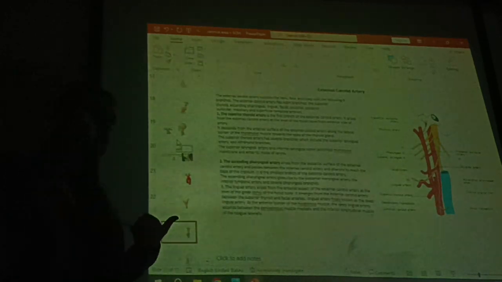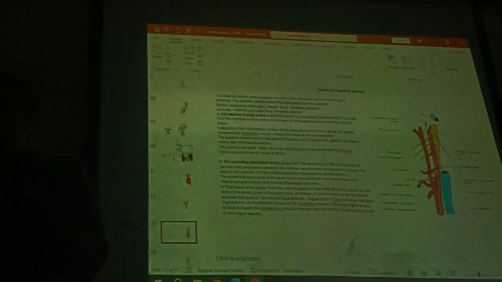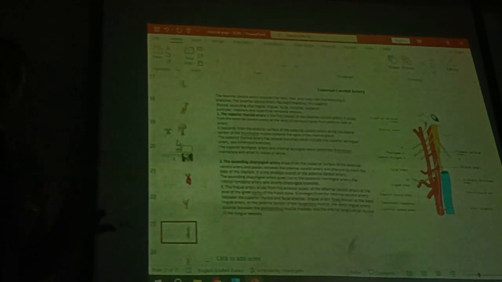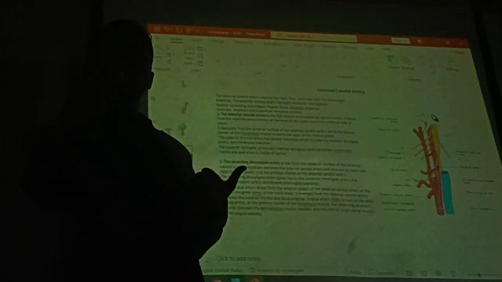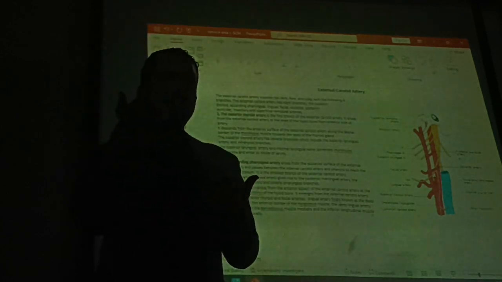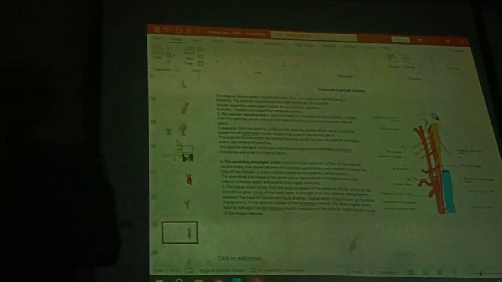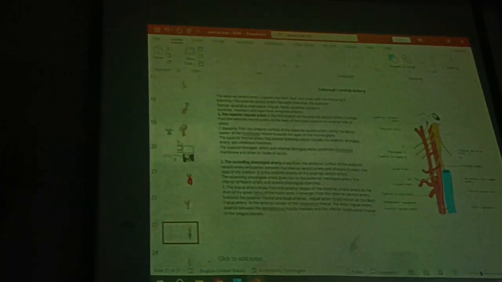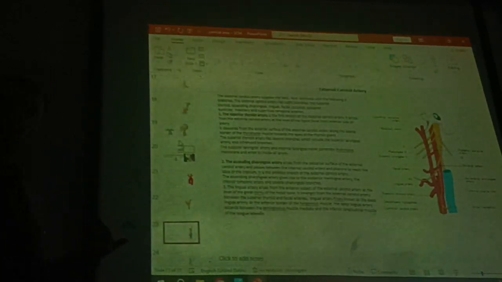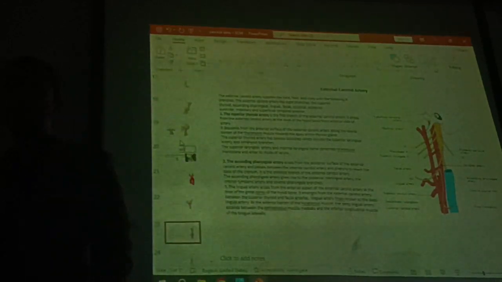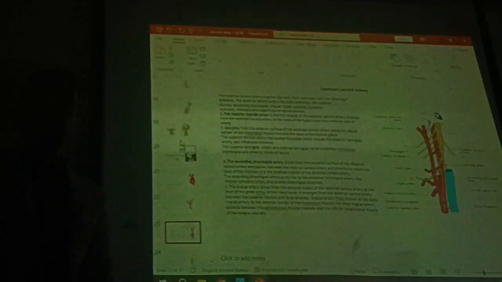When it enters the tongue, it travels in the inferior surface of your tongue. As you know, your tongue has an inferior surface and a superior surface. When it arrives at the inferior surface, it makes the deep lingual artery. So the deep lingual artery is the continuation of the lingual artery.